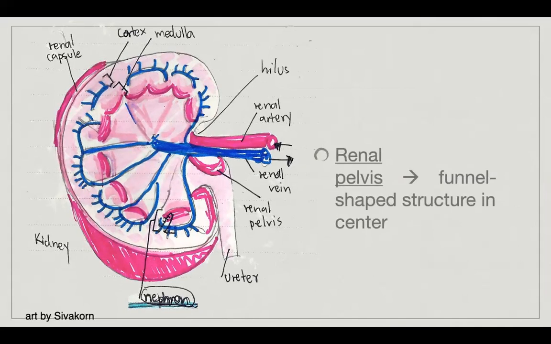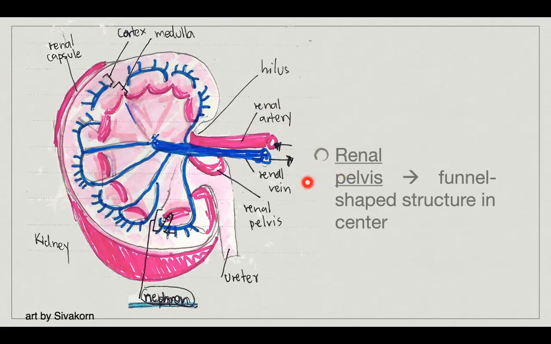Now, all of the renal medulla dumps into the renal pelvis, which is here. That's where the urine will be collected. I also want you to note that, because we're here to filter blood, you've got the renal artery that goes in, the blood gets filtered, and you've got the renal vein where the filtered blood will come out.